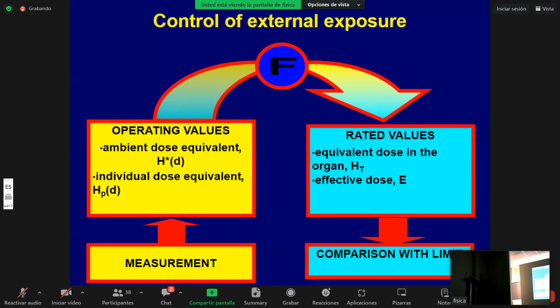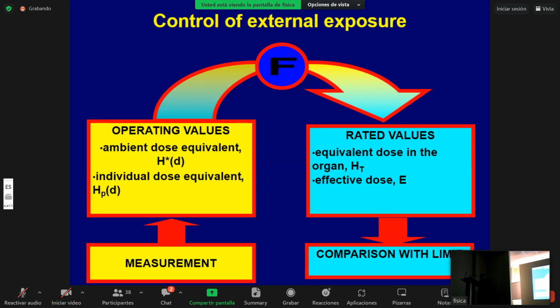The ambient dose equivalent H*(d), also dependent on d, was taken as an operational value of external exposure to control the radiation situation.